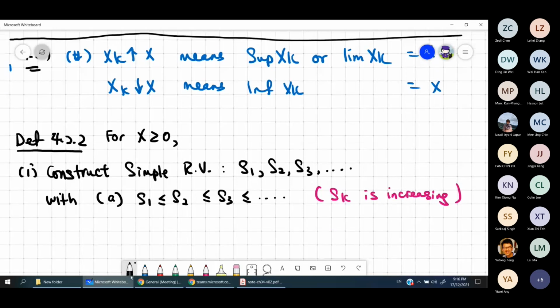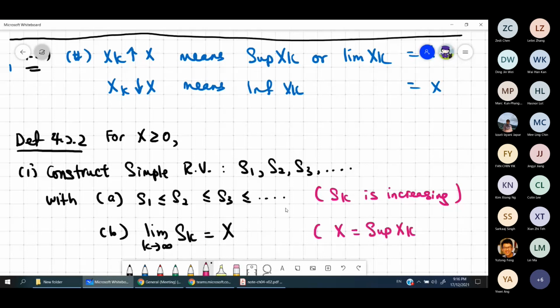And B: the limit as k goes to infinity of Sk is equal to X. In other words, you can say X is equal to the supremum of this. You may forget about this supremum thing.